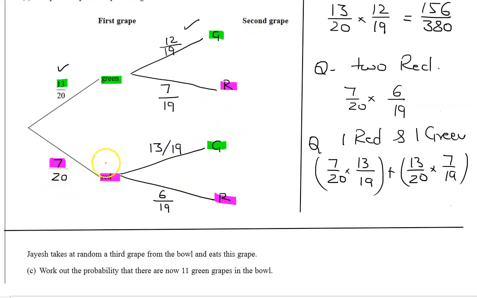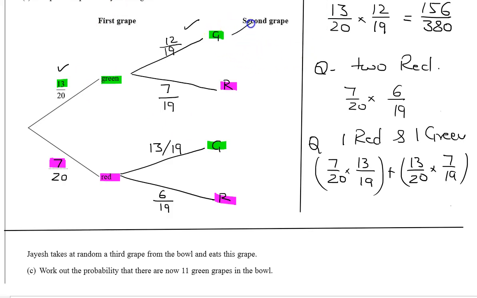Now the next part is: Jayesh takes at random a third grape from the bowl and eats this grape. Work out the probability that there are now 11 grapes in the bowl. So let's see our tree diagram.